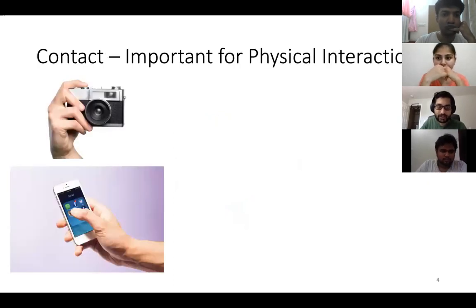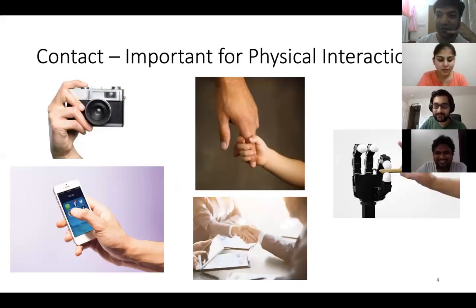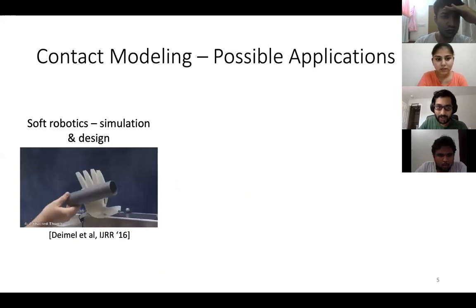Contact is very important for all of our physical interactions, right? With objects, with other people, although that is a little bit discouraged these days, but in general, with robots as well in the future. And if we were able to have very accurate understanding and modeling of hand object contact, what could we do?